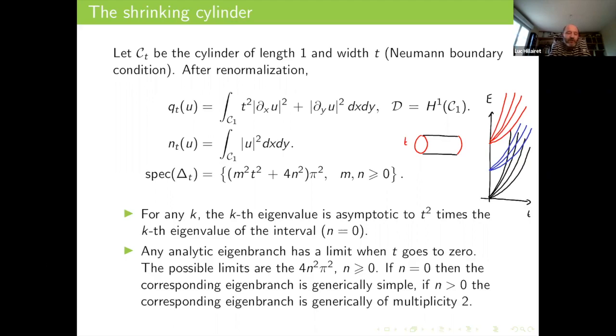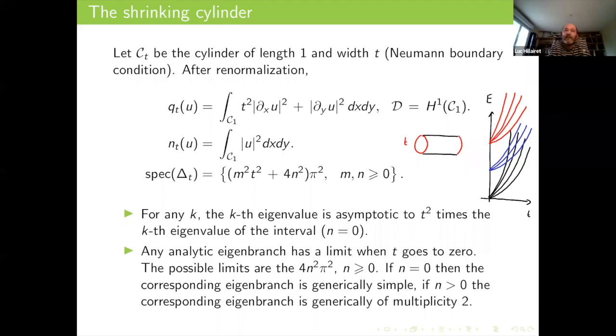So here you can write explicitly the spectrum of the corresponding operator Delta_t, which are m squared t squared plus 4n squared pi squared, where m and n are non-negative. And I've sketched this picture on the right. You see you have these thresholds that are the 4n squared pi squared. And for each threshold, you have infinitely many branches that go down to it like m squared t squared.